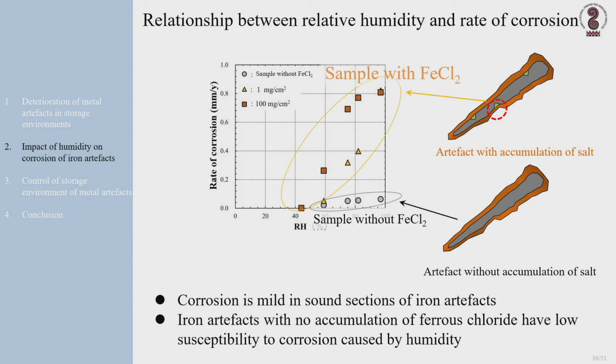Artifacts without accumulated salts tend to have a slow rate of corrosion. However, the rate accelerated with an increase in humidity. In either case, iron artifacts are required to be preserved in an environment with low humidity.